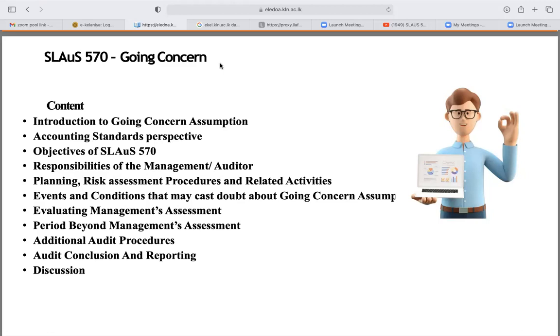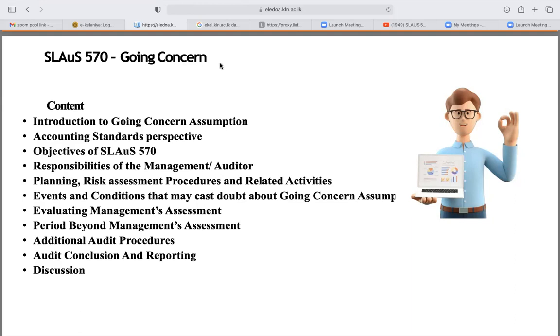Basically in the content we are discussing the introduction to the going concern assumption from an accounting standard perspective, the meaning of going concern, the objective of SLAUS 570, the responsibilities of the management, planning, risk assessment procedures and related activities when it comes to going concern issues, and evaluating management's assessment. I am not going deeper into the assessment.